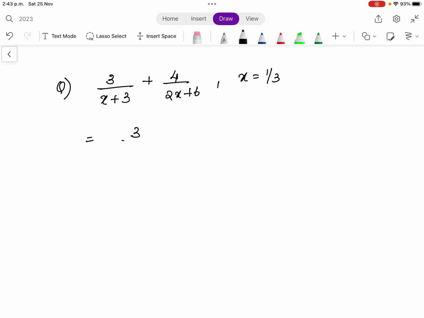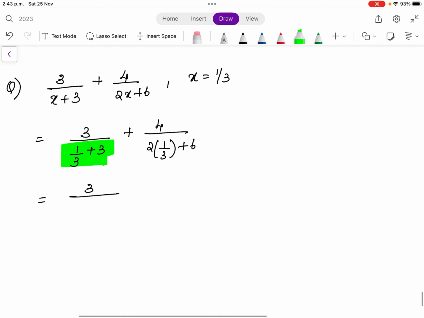So that is 3 divided by 1 over 3 plus 3 plus 4 divided by 2 times 1 over 3 plus 6. Then what you can do is 3 divided by, to simplify this, I'm just trying to do it here for people who don't know it, 1 over 3 plus 3. The method I would suggest is cross multiplying.